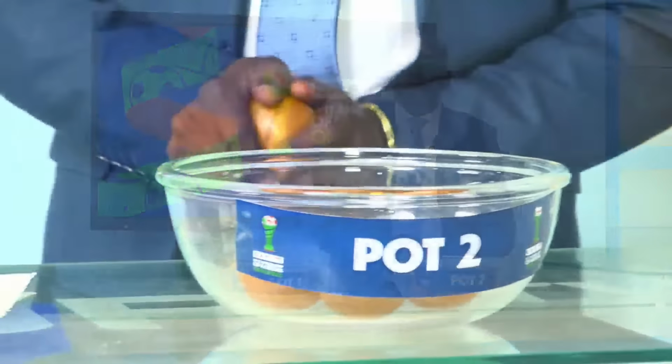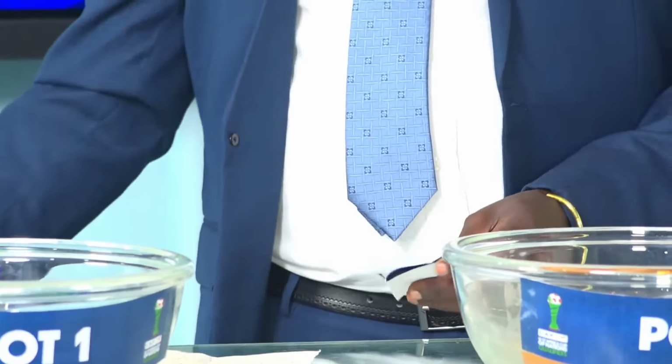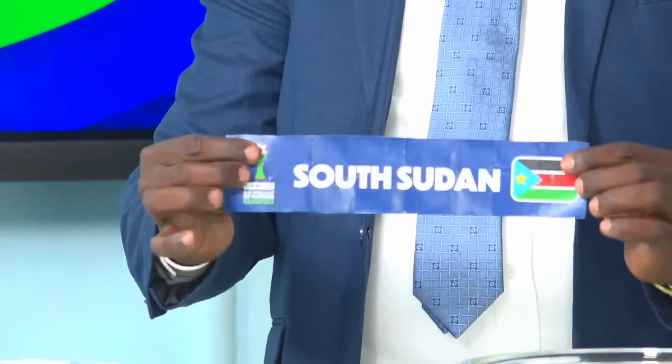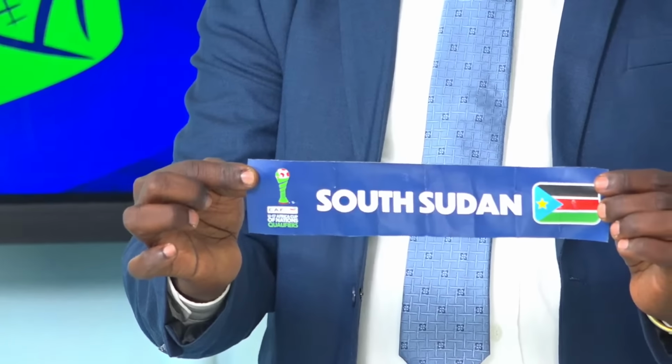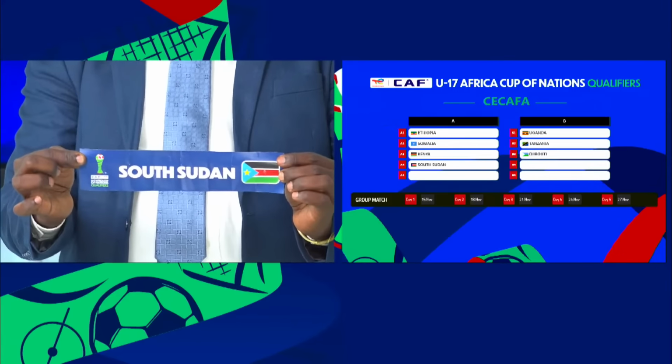The third ball that I pick from Pot 2 will go straight to Group A as A4. And that is South Sudan. South Sudan is A4.